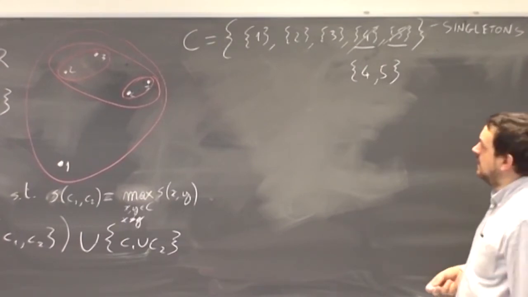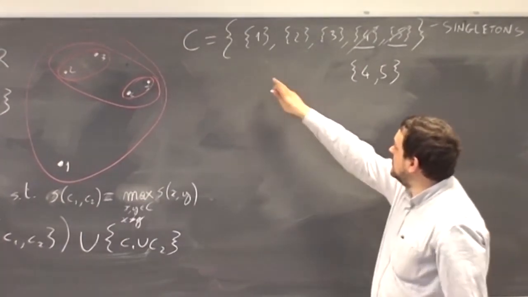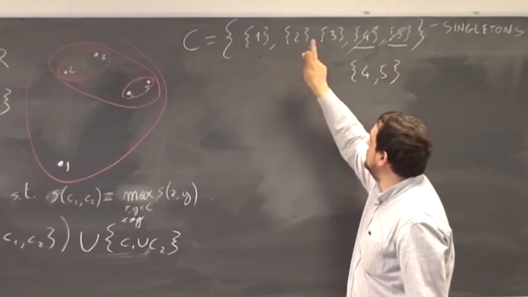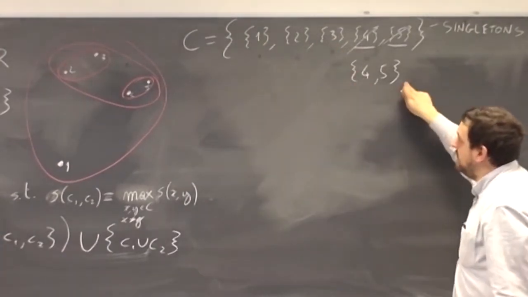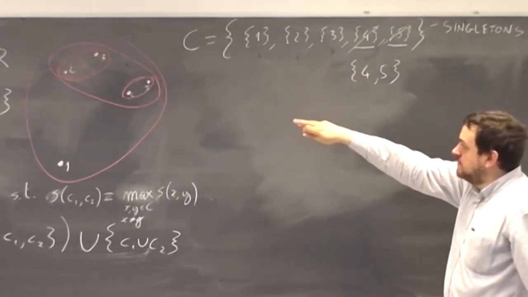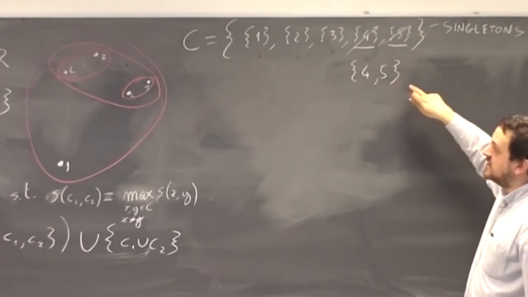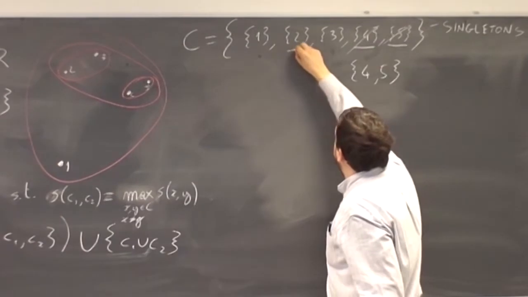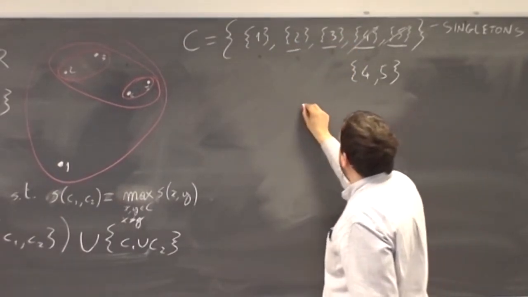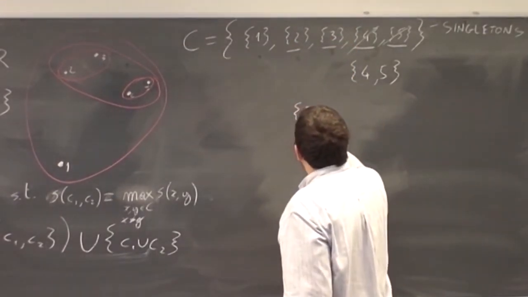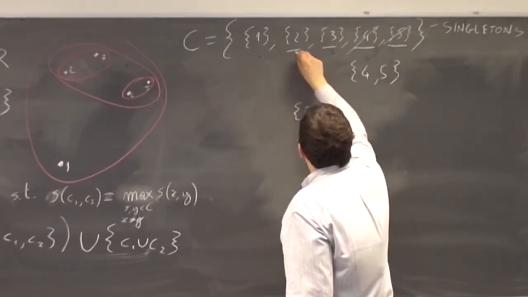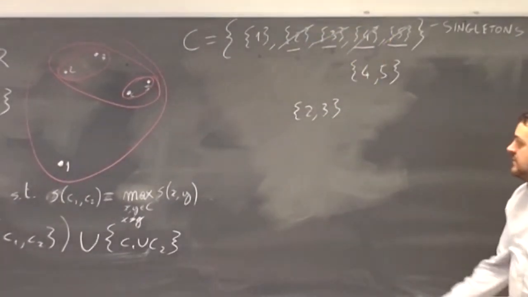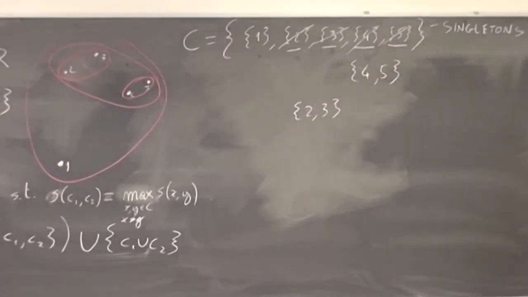Next, so we have C is composed by the sets 1, 2, 3, and 4, 5. We find the two most similar elements now in this set of 4 items, which are 2 and 3, and we remove them and merge them together.